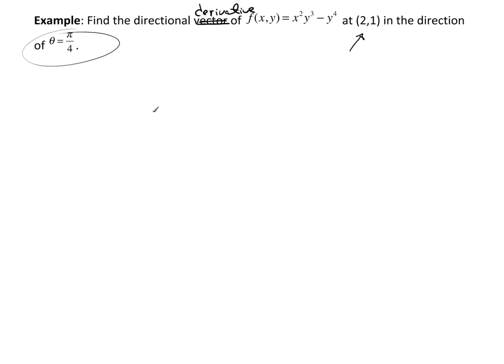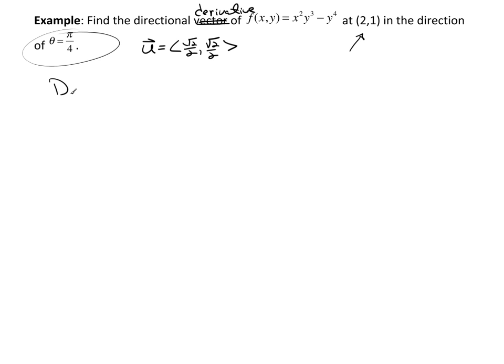So we have our directional vector u, and that's going to be root 2 over 2, root 2 over 2. And notice if you find the magnitude of u, this is in fact a unit vector. Okay, so what I need now is to start looking for partials.